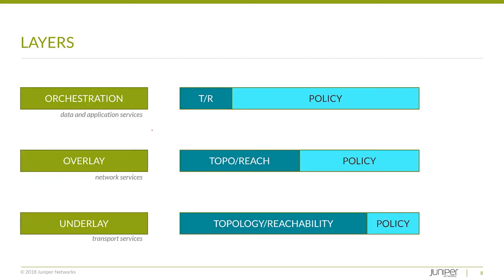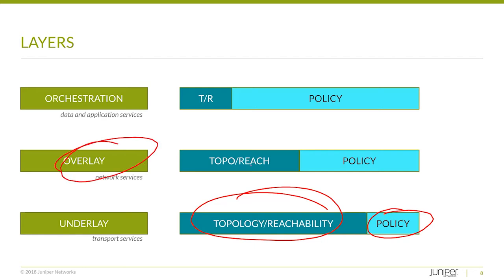Now, if I think about the layers, one thing I can think about is I have 3 basic things I'm trying to solve in my network to make it work. I can say that I have topology, reachability, and policy. Now, there are other things, but let's just focus on these 3 things. In my underlay, what I want to do is really focus on topology and reachability. And my policy is going to be a very, very minor part of my underlay. In my overlay, I'm going to be splitting topology and reachability against policy.